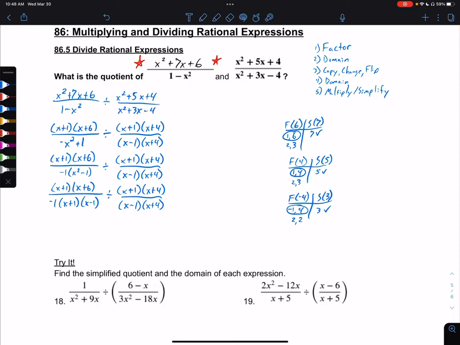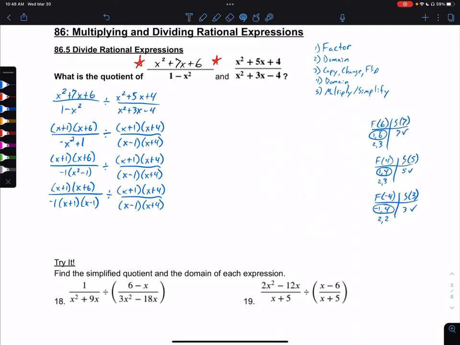All right. From here, we want to check our domain. Once you've fully factored the problem, you should look at your domain. So let's put that up top here. My domain is going to be all real numbers, except it's important you find the domain before you start canceling out and before you change this to a multiplication problem.